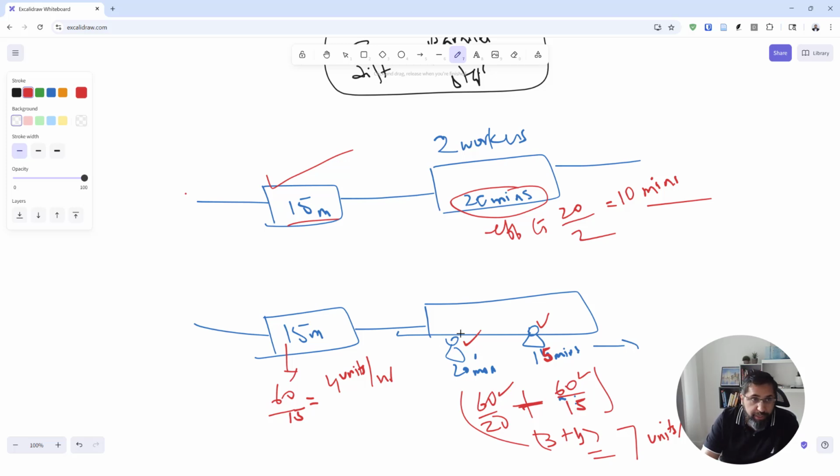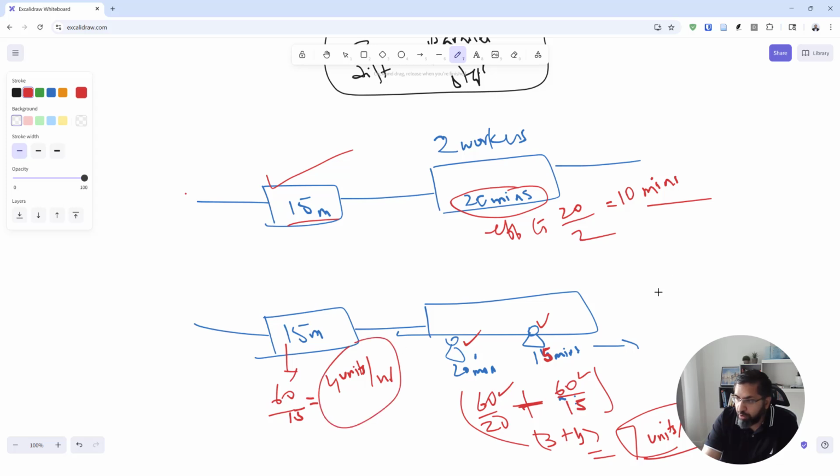When workers work in parallel on the same step, you just add up the capacity. So remember this rule. When multiple workers work in parallel on the same step, you just add up the capacity of each worker. Once you add up the capacities of all the workers, that is the capacity of that step. You can add up capacities. Do not add up cycle times of workers working in parallel. So when you add up, the capacity is 7 units per hour.